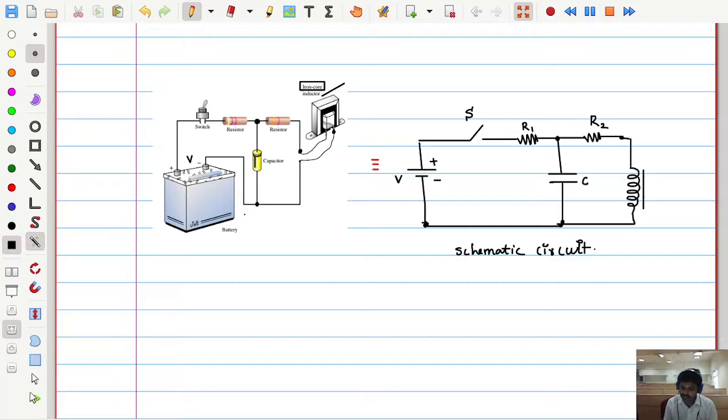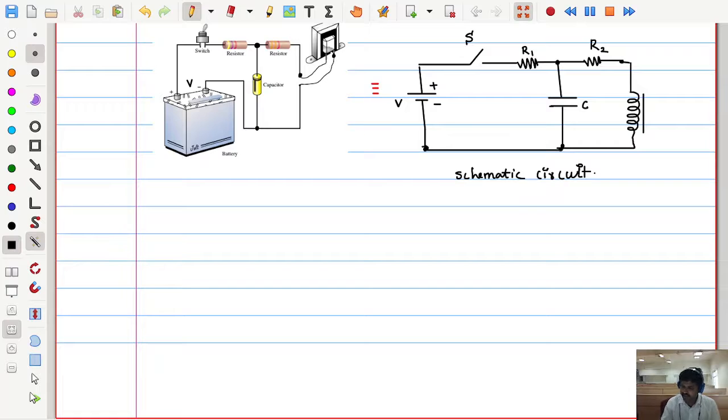Based on this awareness, let me proceed further into network elements classification. Let me write that: types of elements.